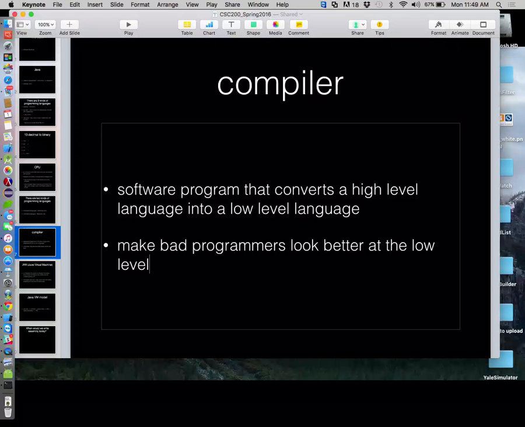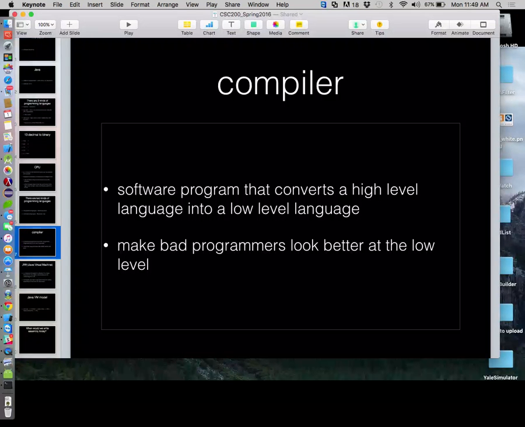Error checking that Java forced me to do, even though, because I understand the exact nature of this problem that I'm solving, I know these couple of questions I asked here are not necessary. Therefore, we're going to remove it from the assembly code, speeding up that aspect of our application. That would be an example of when we might still need to write assembly code today. Few and far between, but technically possible.